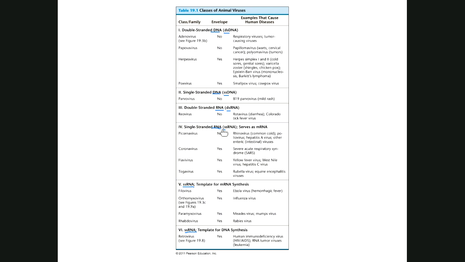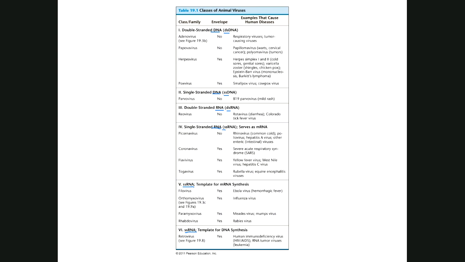For class 4 viruses, the genetic information that is stored in single-stranded RNA, once that virus inserts it into a host cell, the host cell recognizes that viral single-stranded RNA as mRNA and begins gene expression immediately. Your common cold viruses such as the rhinovirus, but notice something here.